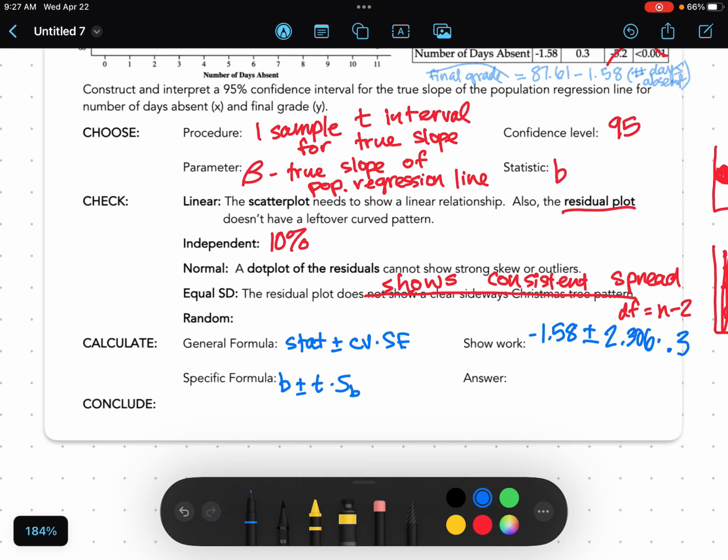Okay. So you can calculate that confidence interval right here. I actually meant to calculate this before and didn't.